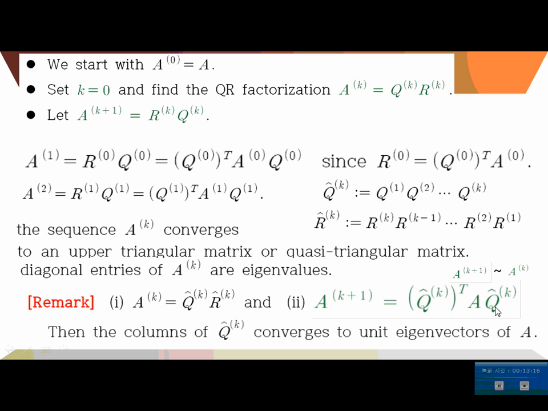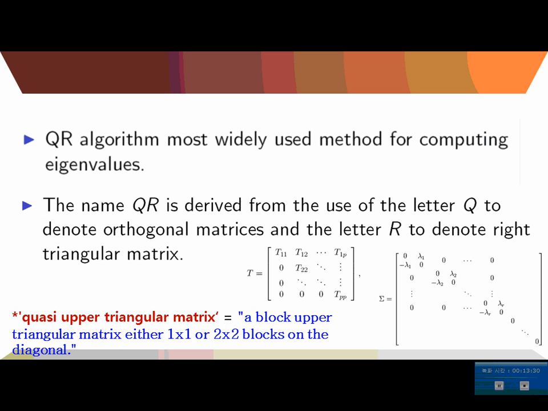And since it's a real orthogonal matrix, each column is a unit vector. So this converges to the unit eigenvectors of A. This is the whole idea of QR decomposition.